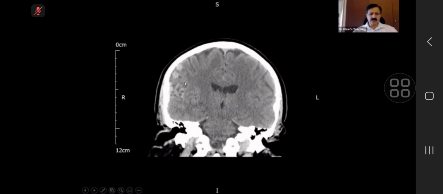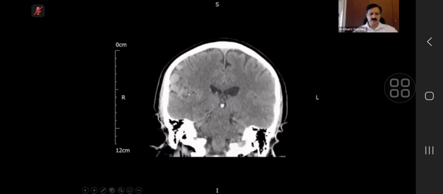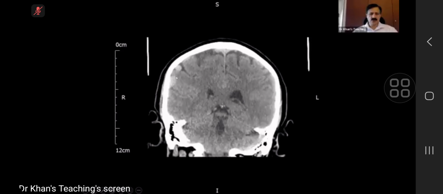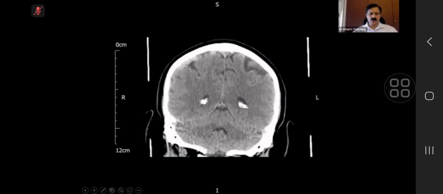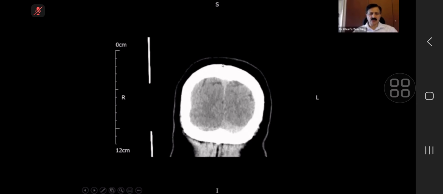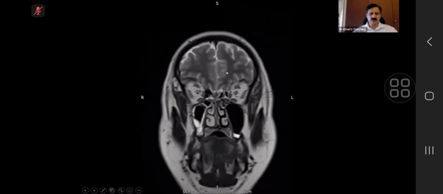And you can see this high density here. You can see this bunch of worms type of appearance. And then you can see that it is going all the way here and actually is draining into the venous sinus here, superior sagittal sinus.